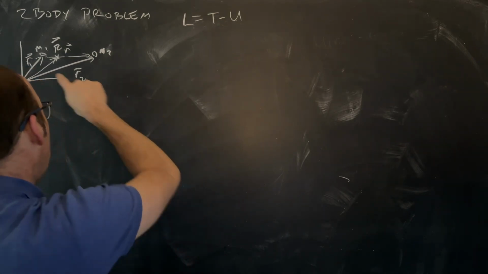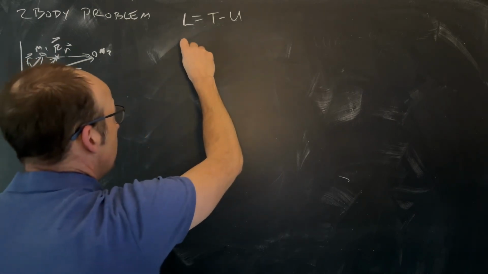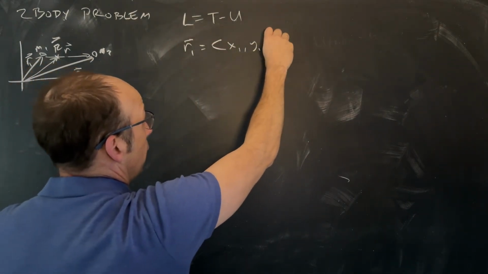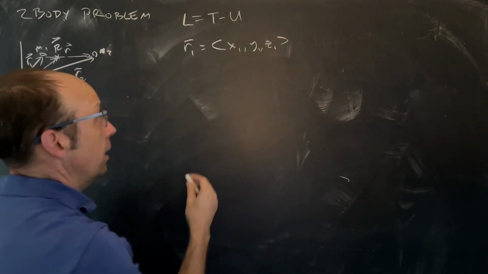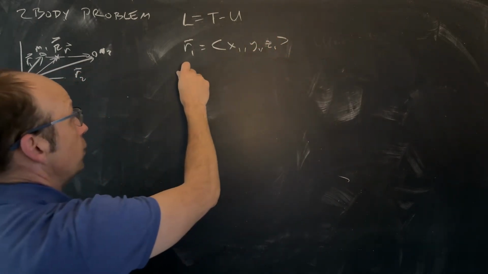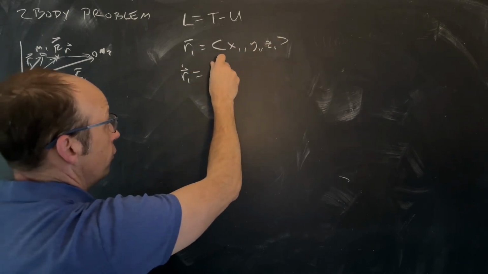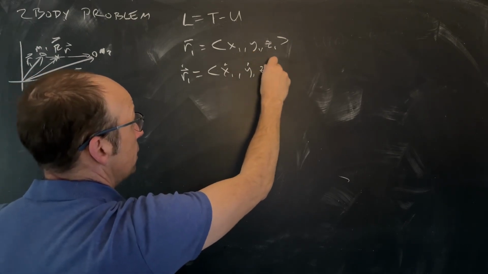I have object position R1, I have position R2. Imagine that R1 is the vector X1, Y1, Z1 in Cartesian coordinates. If that's the case, I can find the velocity, which I'm going to write as R1 dot. It's just the derivative of this with respect to time: x1 dot, y1 dot, z1 dot.